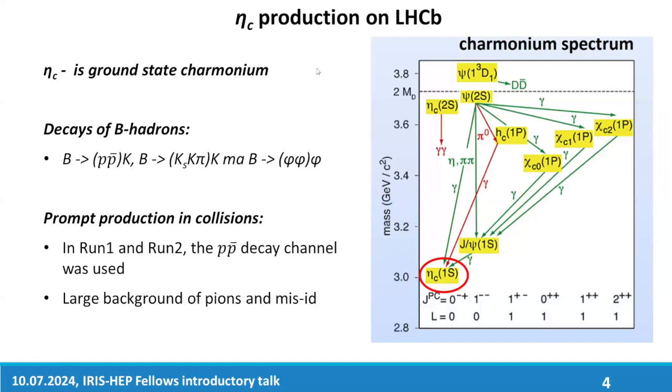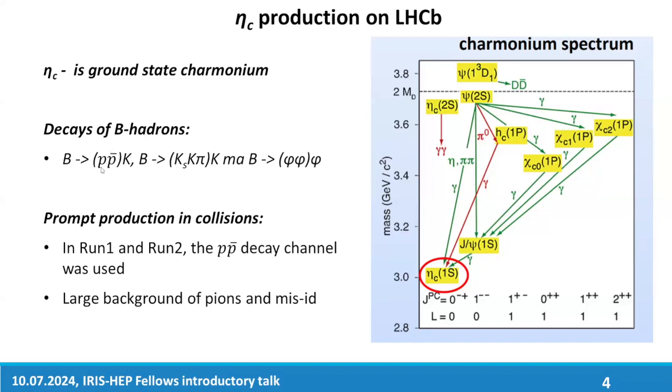is a study of eta-C production at LHCb. Eta-C is a ground state of charmonium, which is very interesting for quantum chromodynamics and new physics research. Previously, in Run 1 and 2, it was actively studied as an intermediate state in B hadron decays.